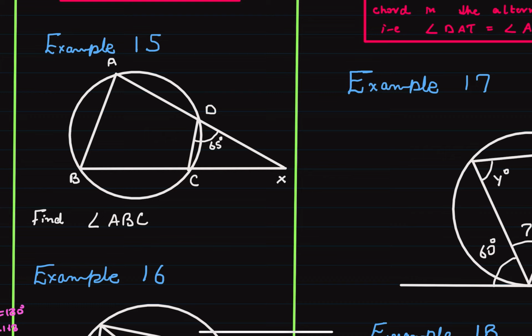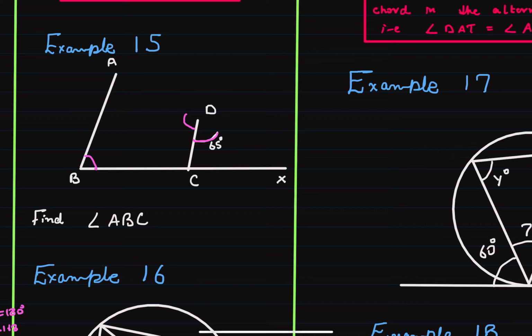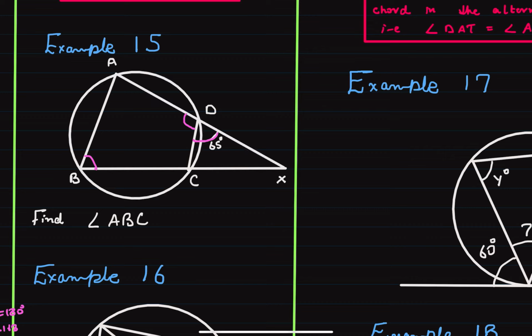We need to work out this angle ABC. You see, if this angle is given 65, so this angle should be equal to... oh, I made a horrible mistake here. Thanks for this function undo. So 180 minus 65 is this angle, right? So let me do it here. 180 minus 65 is 115.